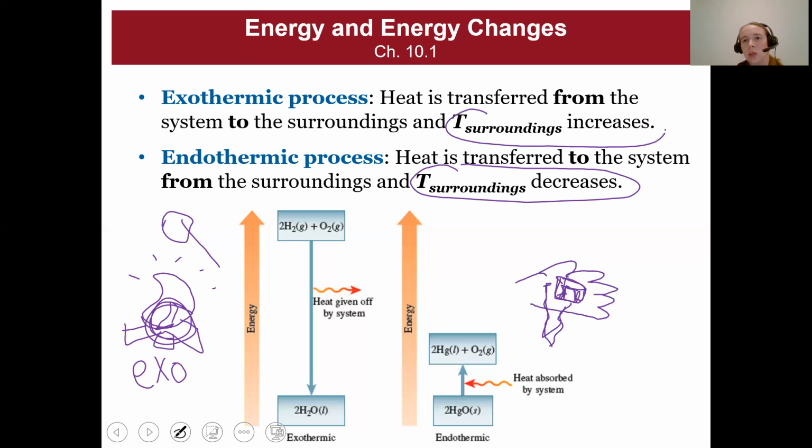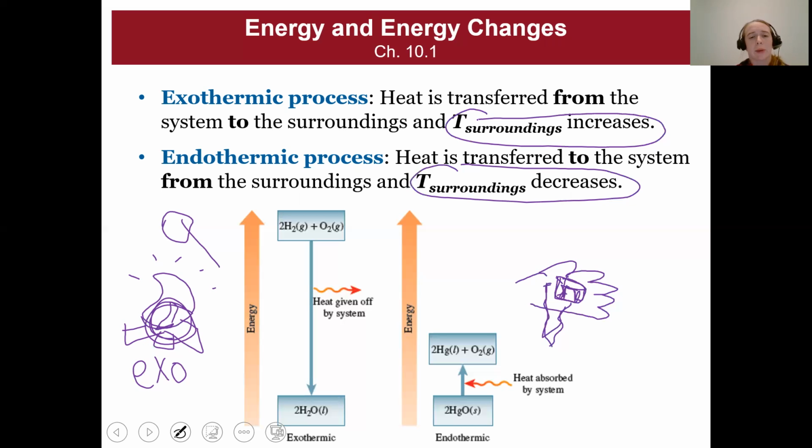If you're putting your hands near a fire, your hands are going to warm up. If you are holding an ice cube, your hands are going to get cold. And your hands are the surroundings in both of those processes, exothermic versus endothermic.